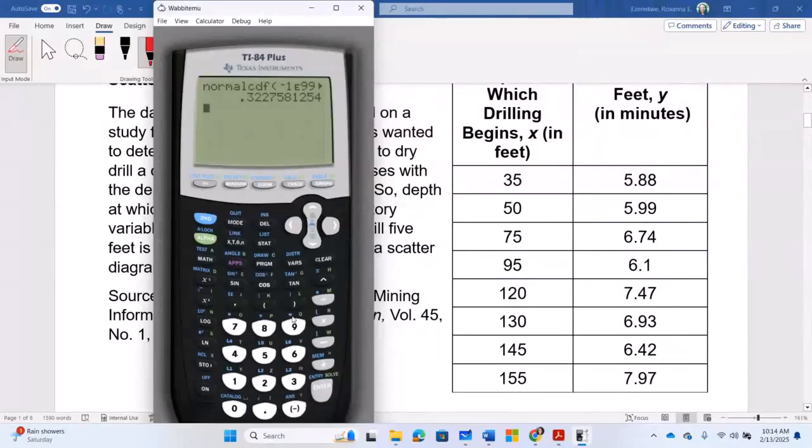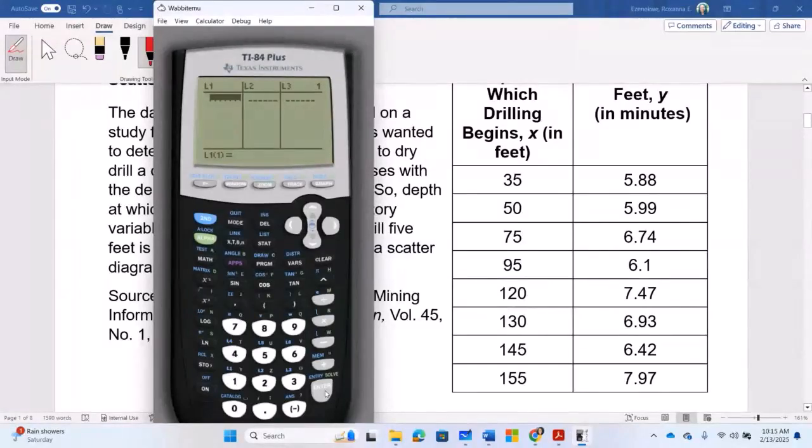I'm going to turn my calculator on, clear, go back to start, edit, and clear L1, L2, and L3 because I don't need them. Then in L1, I will type in the drilling in feet.